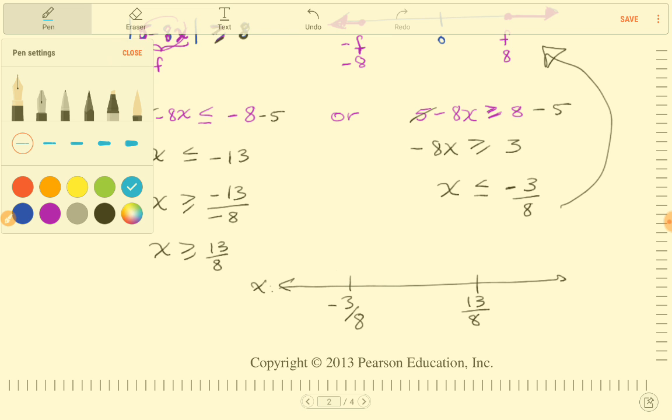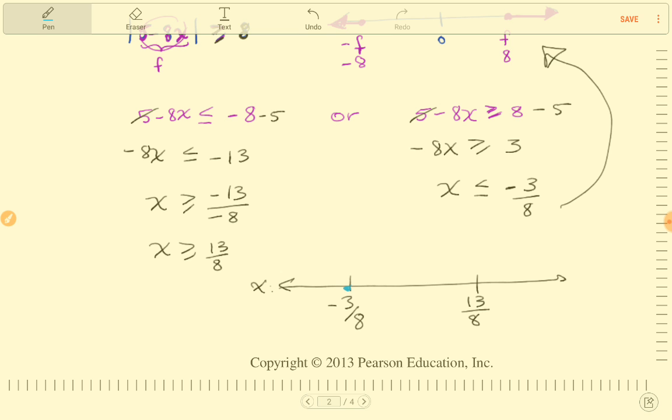I'm going to use a closed circle on each of those, since there is equivalence here. And I will have an x value that is greater than 13 over 8. So I'll be going higher than 13/8, and I can include 13/8. Right? And from negative 3/8, I will be looking for an x value that is less than that. So I will be moving down in the negative direction.